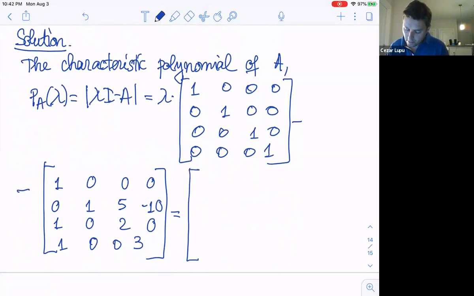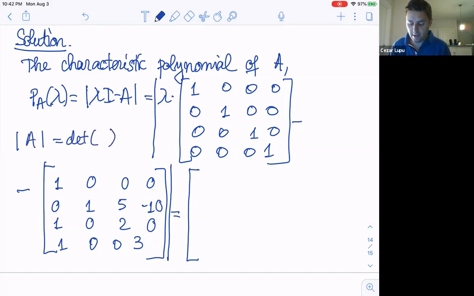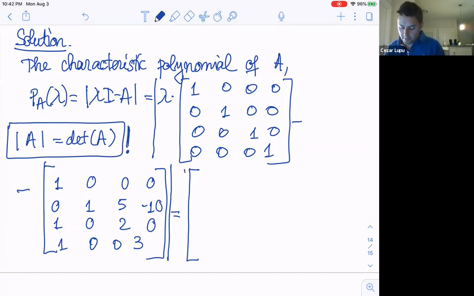This is in fact the determinant of this. Let me put the determinant here, right? Keep in mind the notation for this is nothing other than just the determinant of whatever, let's say A. So keep this notation in mind. Okay, and this will be the determinant of the following matrix.